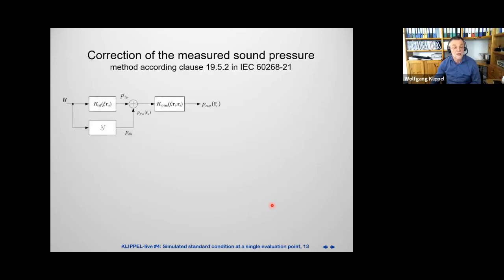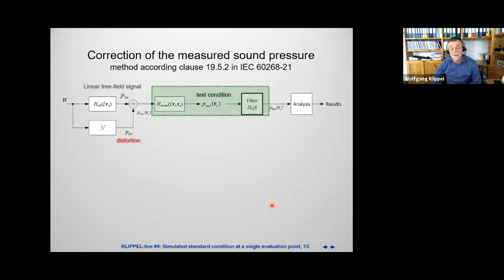Okay, now let's come to the second method. Correction of the measured sound pressure signal by using a filter. We are switching it immediately after our microphone signal arrives in our measurement system, and our goal is to compensate for the second linear system, the room here. So that should be actually 1, no? And that should be also true if the position between the test microphone and the desired evaluation point is different.